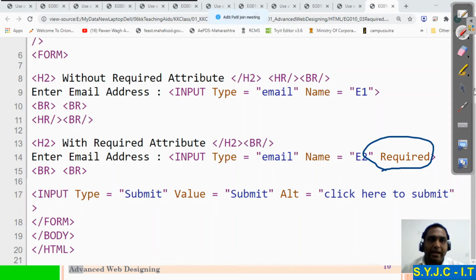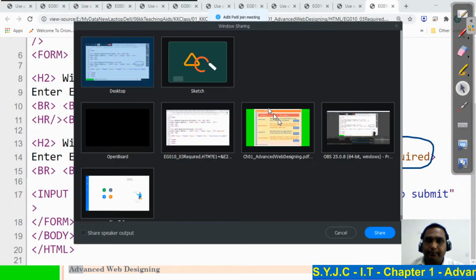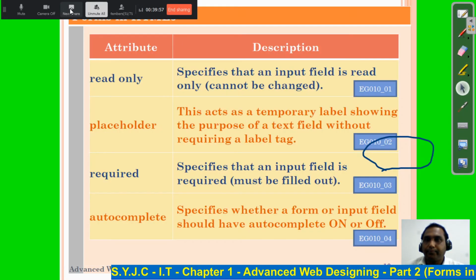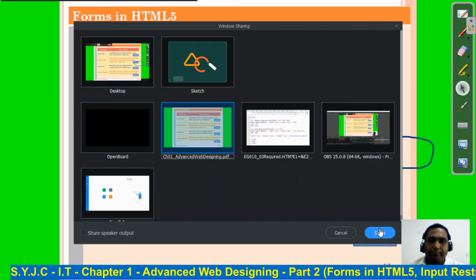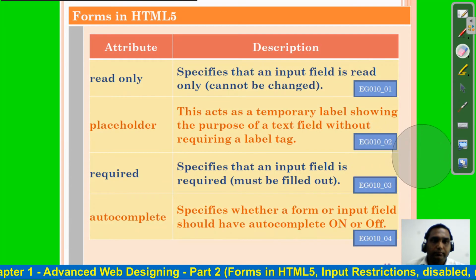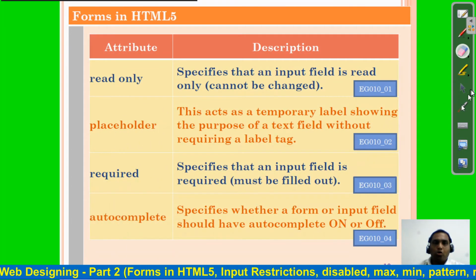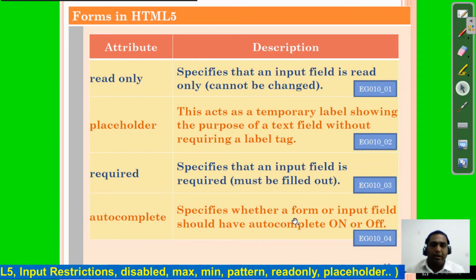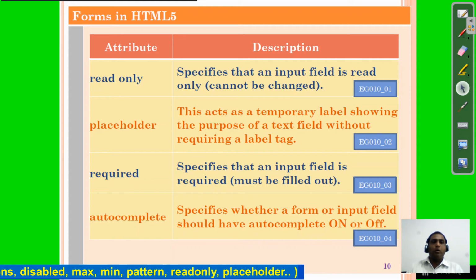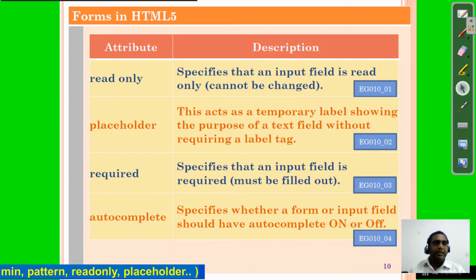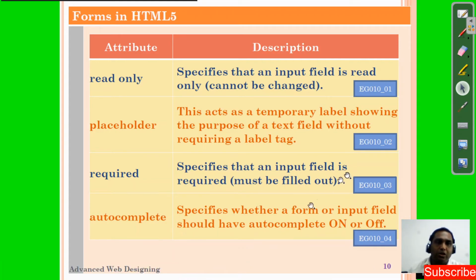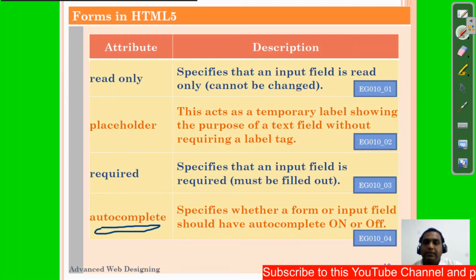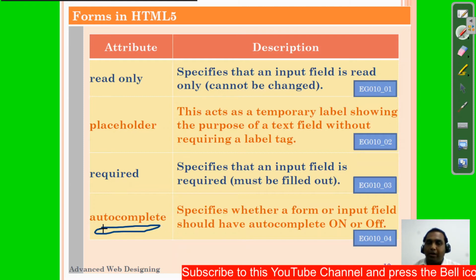Let's go back to the slides. Autocomplete specifies whether a form or input field should have autocomplete on or off. Basically, students, autocomplete is a feature of the browser, like Google Chrome or Internet Explorer.